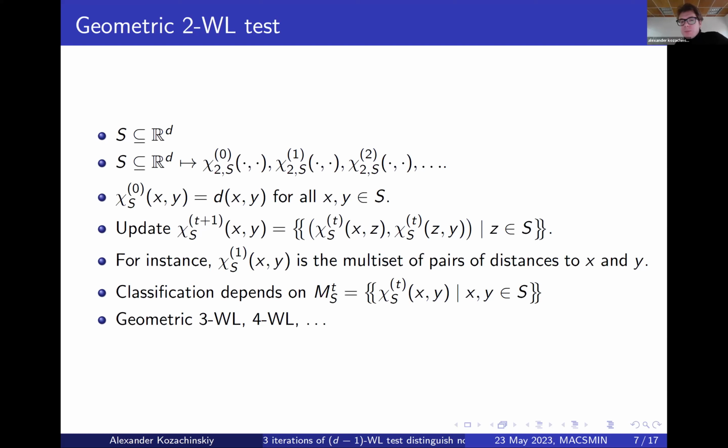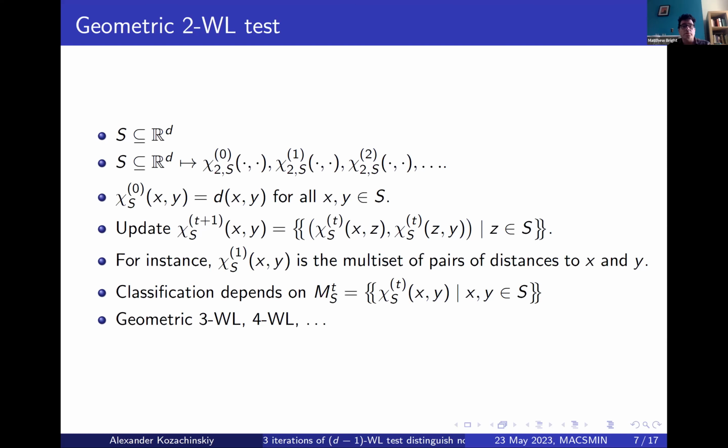So, for example, after the first iteration, what we will get is that for every X and Y, we will get the multiset of pairs of distances to X and Y. Basically, it can be seen as a list of triangles containing X and Y, but by triangles I mean just the distances in these triangles.